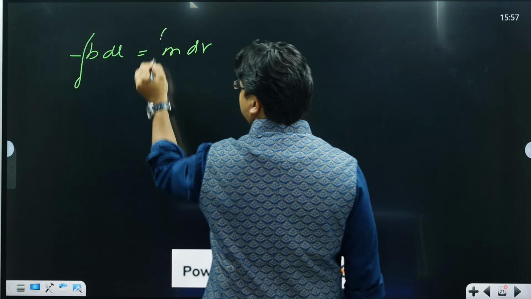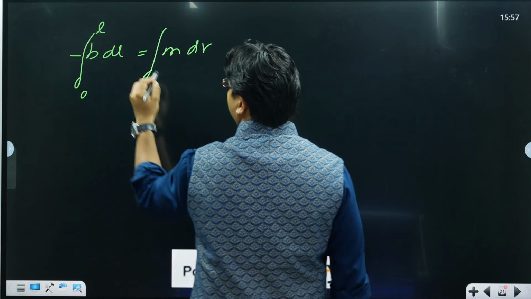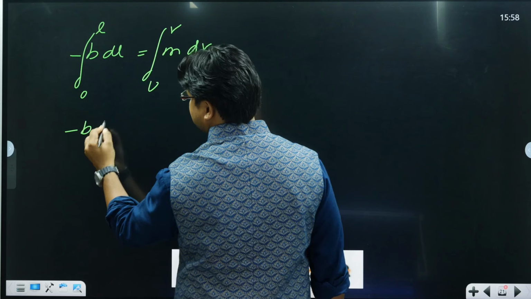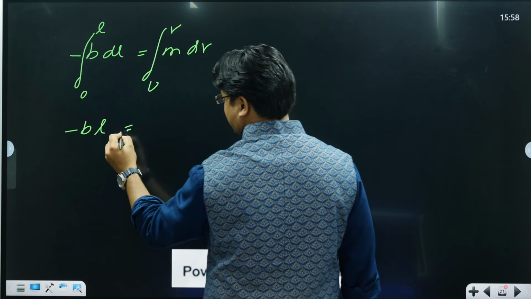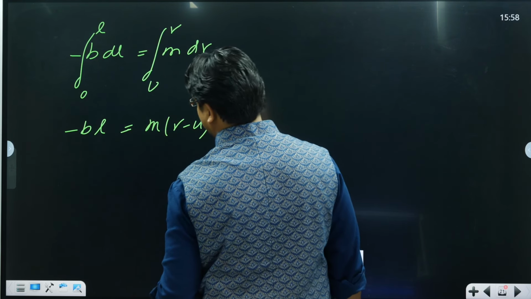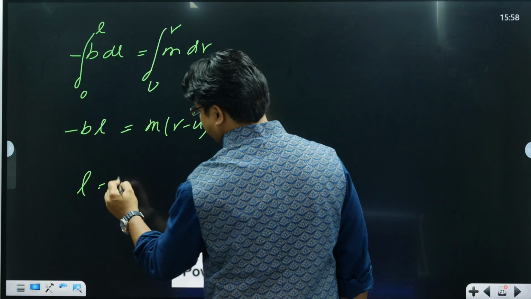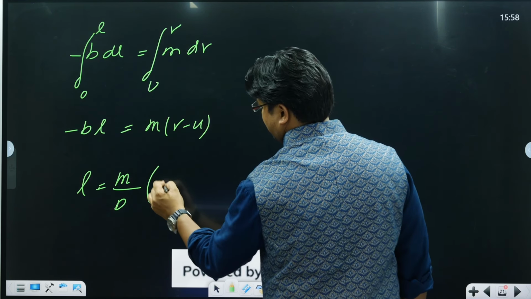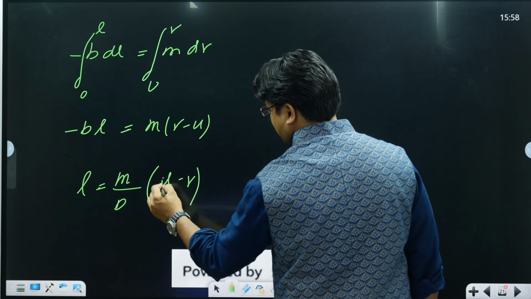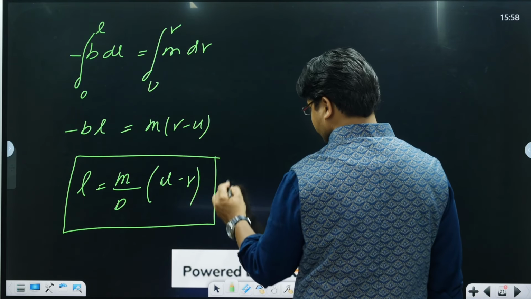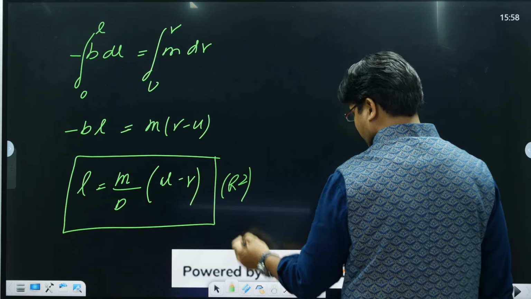You integrate on both sides. L changes from 0 to L, V changes from U to V. So we can write minus B into L, where L is the distance covered, is equal to M into V minus U. Or the distance covered can be written as M by B into U minus V. So this is the formula for distance covered in terms of speed. This is result 2 to remember.